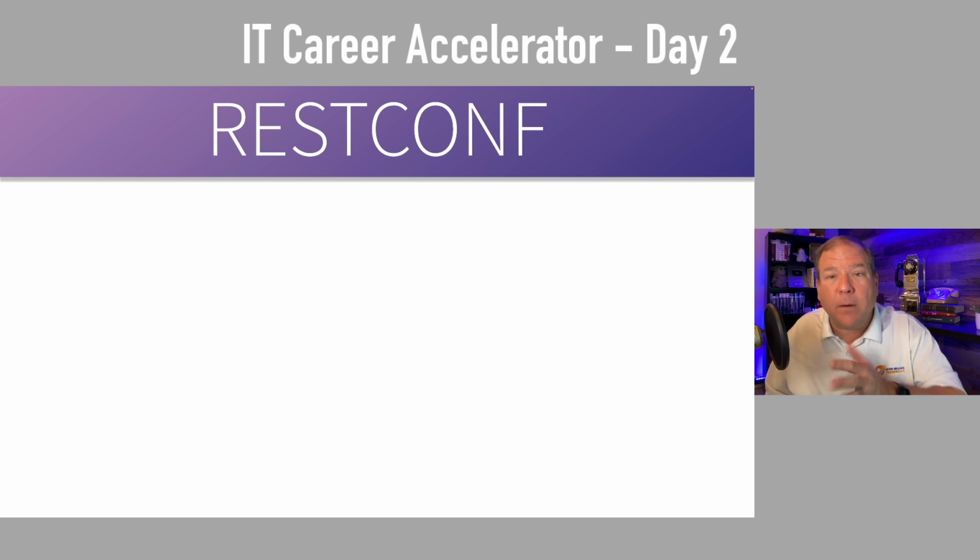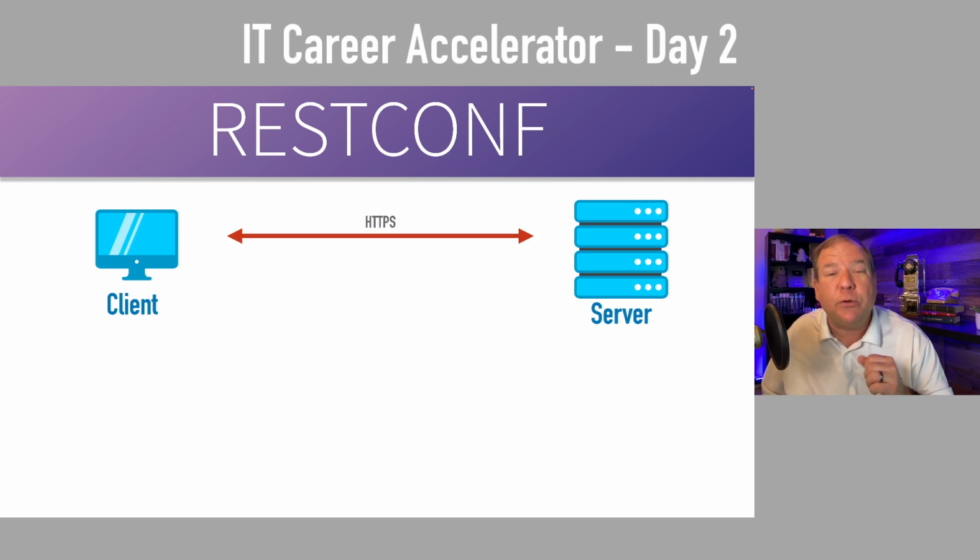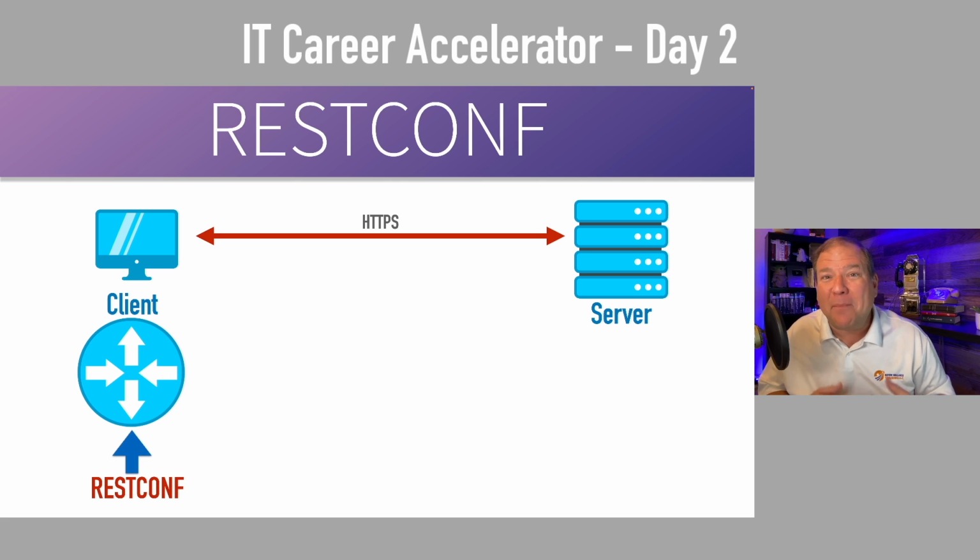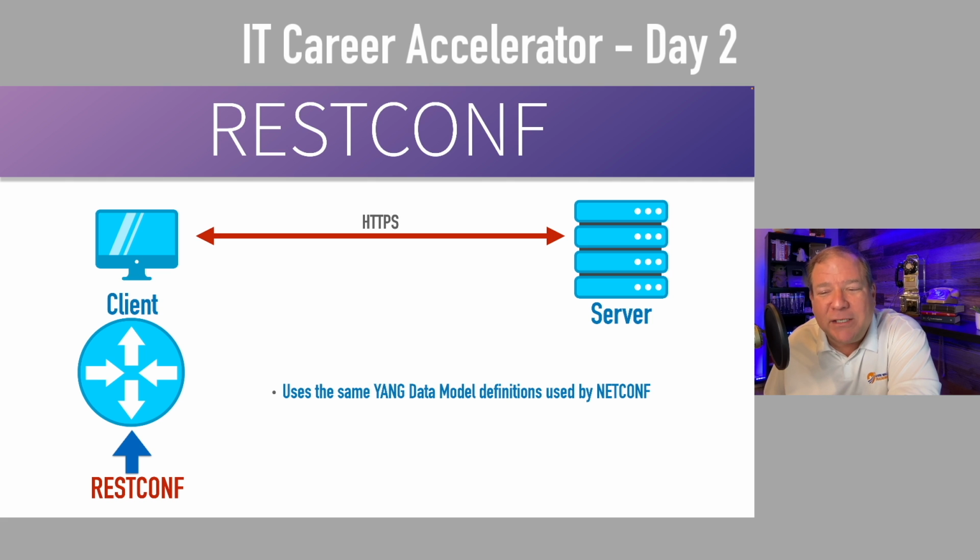Personal opinion here, my preferred way of doing it is to use RESTconf, because I'm already so familiar with the way web pages work. It literally uses the same protocol that I'm using to go buy a book from Amazon, or buy anything really now from Amazon. HTTPS. It's going to be a secure connection using HTTPS.